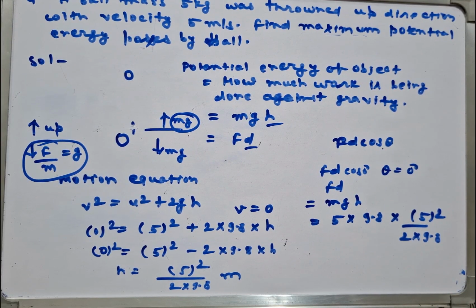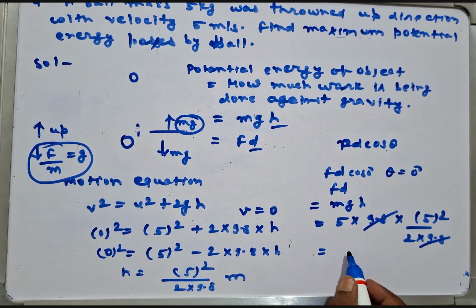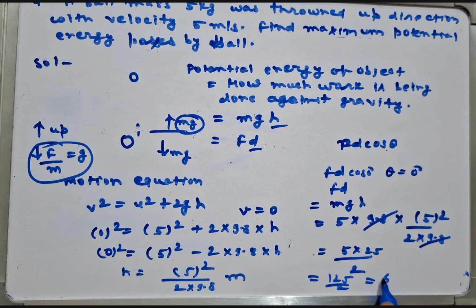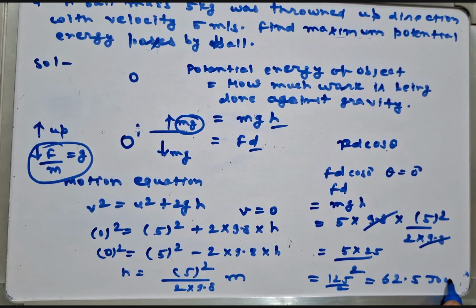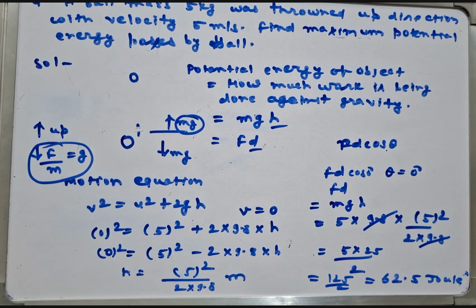So this 9.8 cancels out, and this is 5 into 25 by 2, so this is 125 by 2, or 62.5 joules. So the maximum potential energy gained by this ball is this much. Hope guys, now the concepts of energy, kinetic energy and potential energy are clear to you.